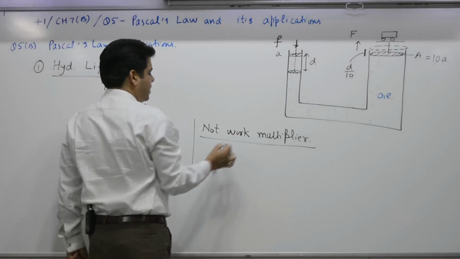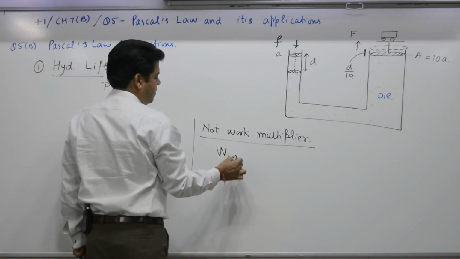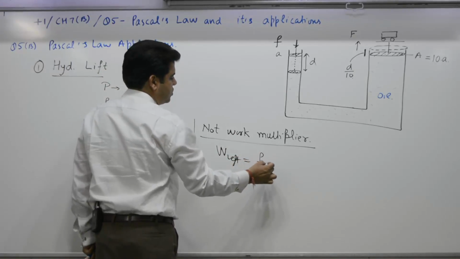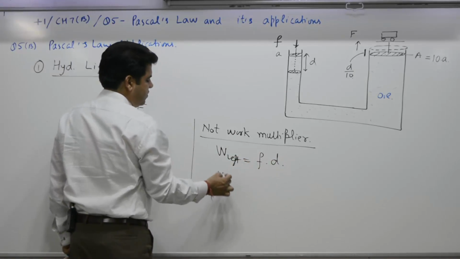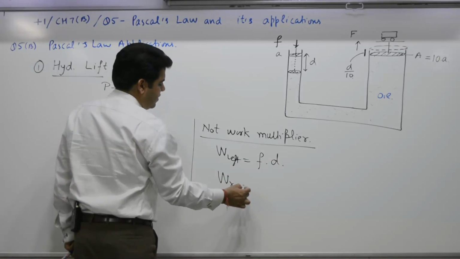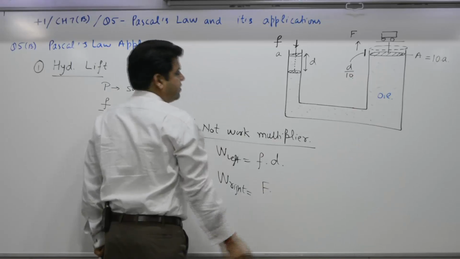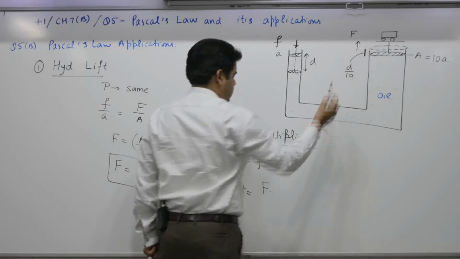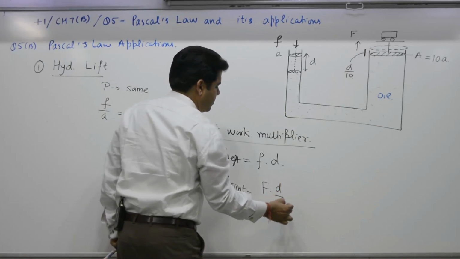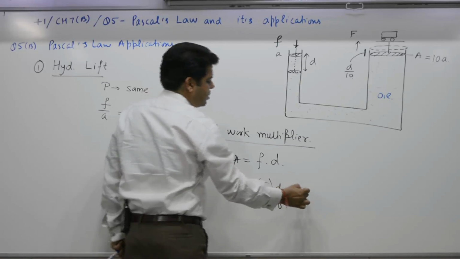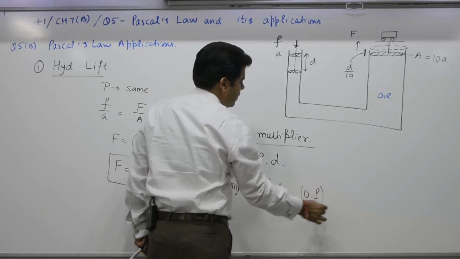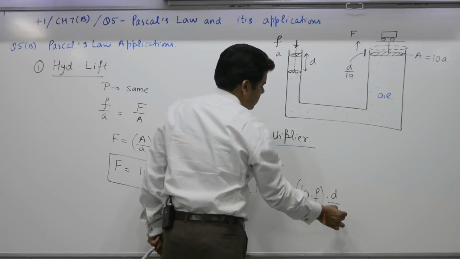So, what is the work done on the left side? Force into distance. Work done on the right side, that is the right piston, is capital F, force, into distance. Distance is how much? D by 10. This capital F is how much? 10 times small f. It is D by 10.